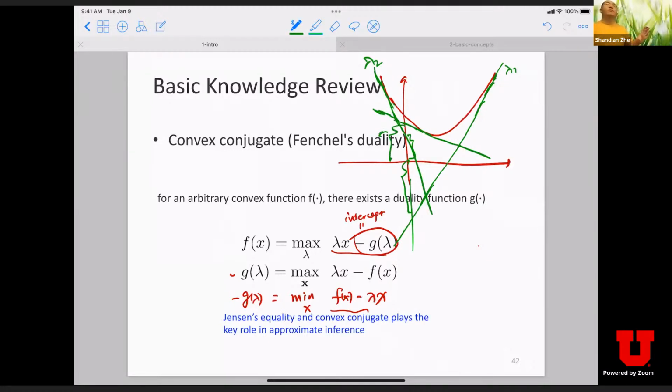So you know the intercept, you know the definition of intercept. If your linear function is y equals ax plus b, then b is the intercept. That's basically how far away from the origin.